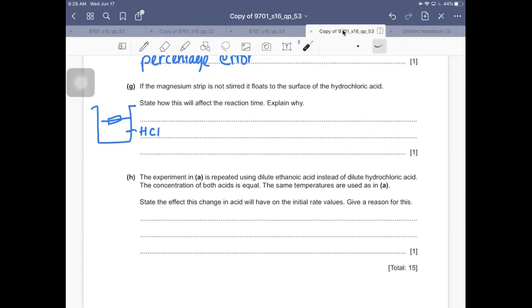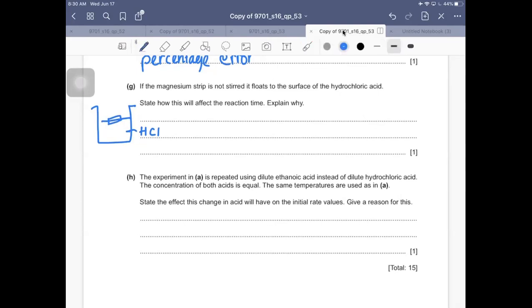Now the problem with not stirring this reaction and letting the magnesium float is, even from my drawing, you can see only some part of the magnesium is touching the HCl. The other parts of the magnesium are not touching the HCl, and this causes your reaction to be very slow. Okay, so state how this will affect the reaction time.